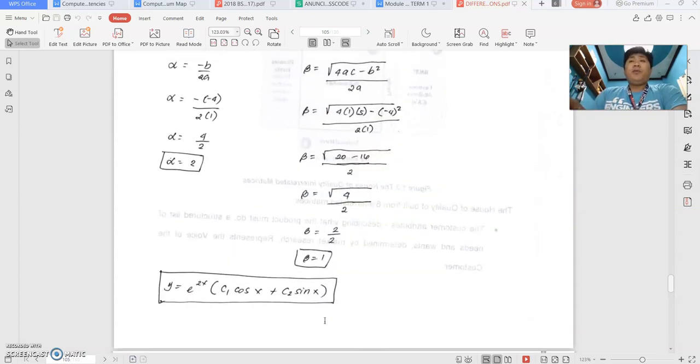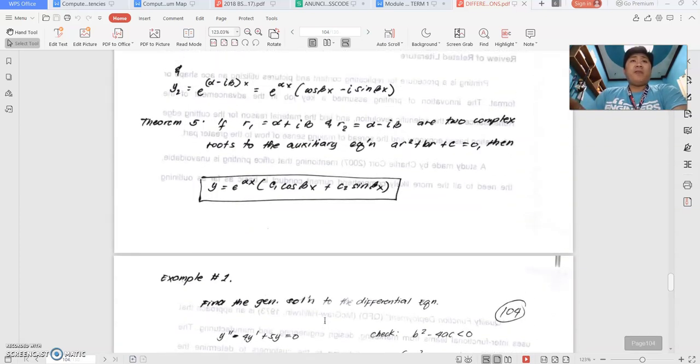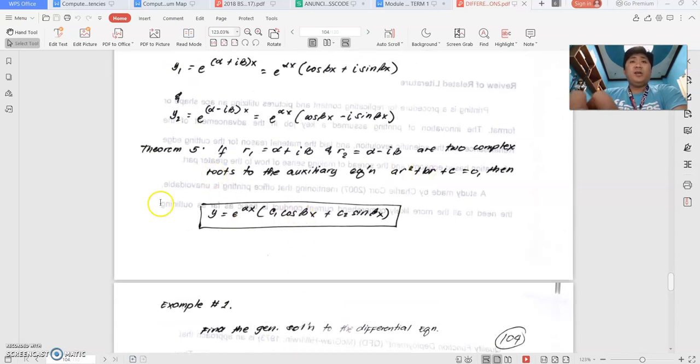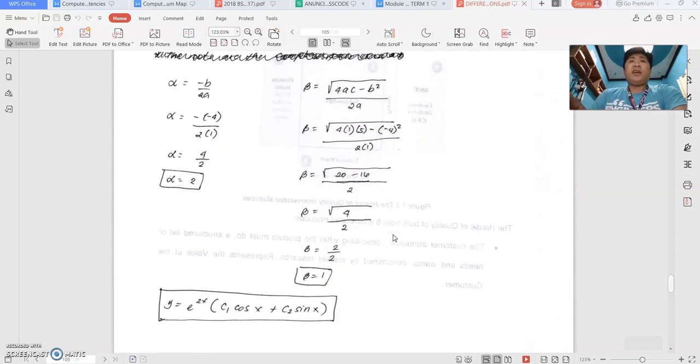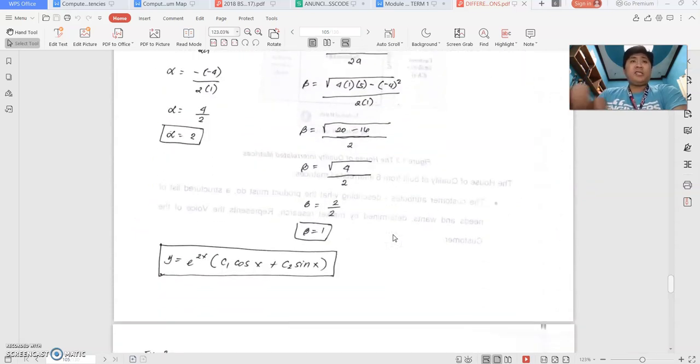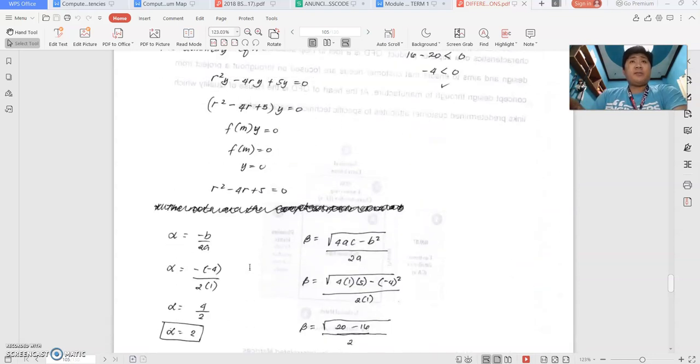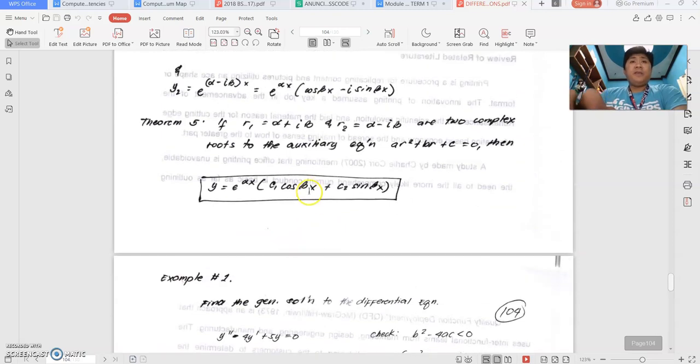Then, in theorem number 5, we've discussed how to get the general solution. Since you already have alpha and beta, you just substitute them. The general solution for imaginary roots is y equals e raised to the power of alpha x times c sub 1 cosine beta x plus c sub 2 sine beta x.